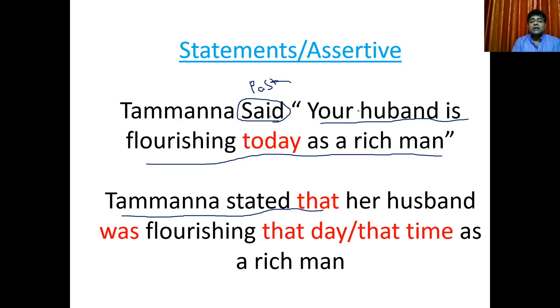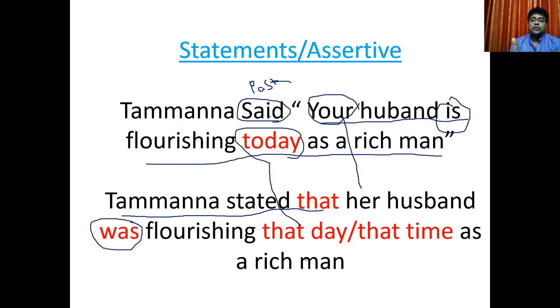Your husband, this is a second person, has been changed into third person, her husband. Then is, present tense, has been changed into past tense, was. Flourishing today has been changed into that day, okay, as a rich man. See, all the four rules are applied.